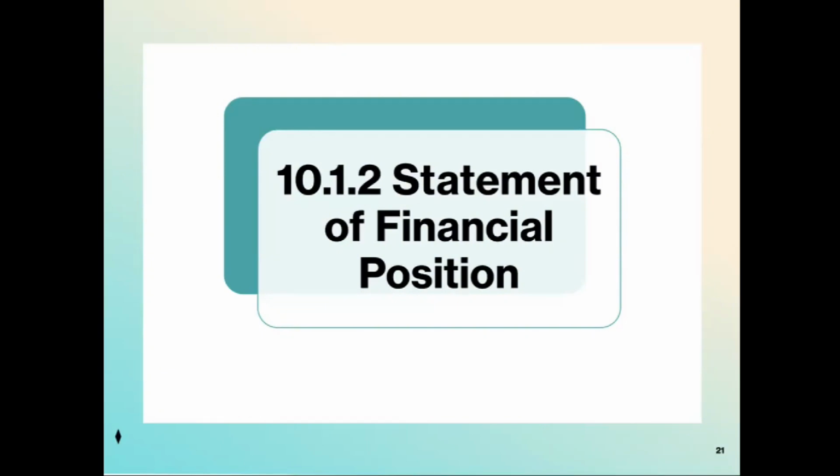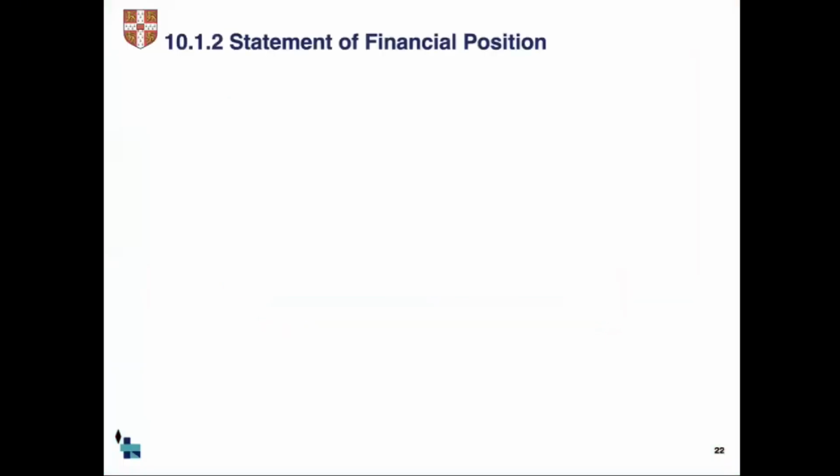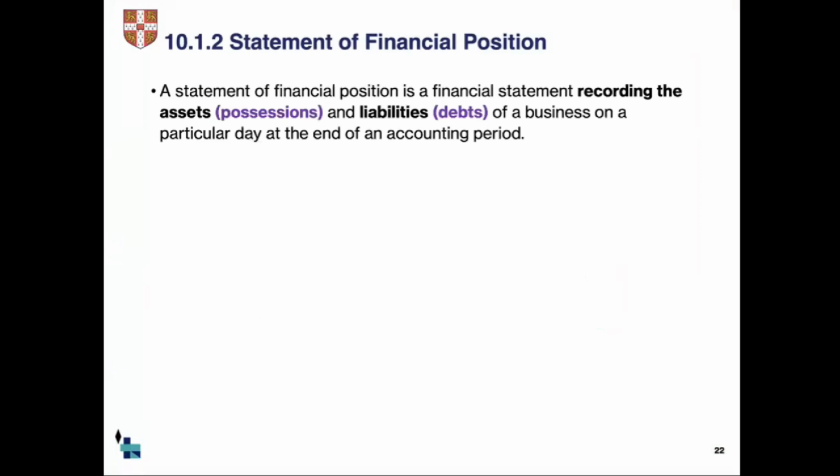So this report, the statement of financial position, will also give us an idea about the financial strength or the financial muscle of the business. All right, so let's quickly look at it. It's relatively easier compared to the statement of income or the income statement or the statement of profit or loss. So what is the statement of financial position?